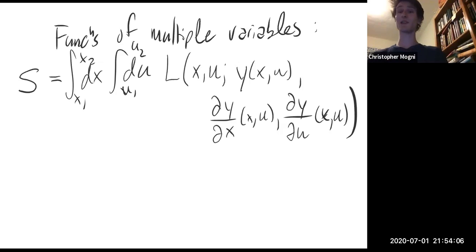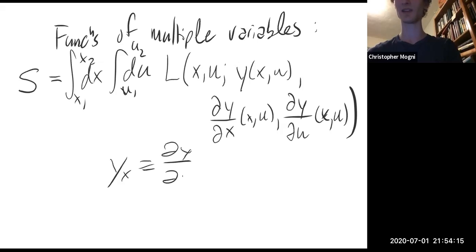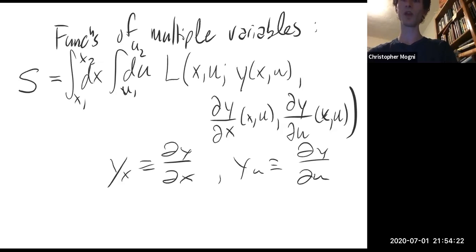Okay, so stuff is going to get super hairy if I don't make the notation a little bit simpler. I'm going to say that y sub x is the same as dy dx, and y sub u is the same as dy du. Cool.